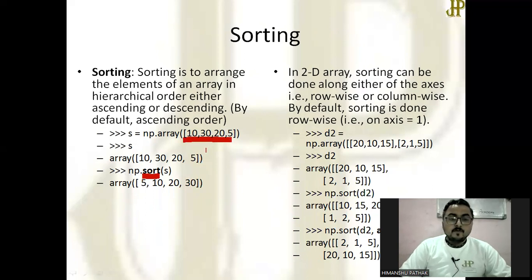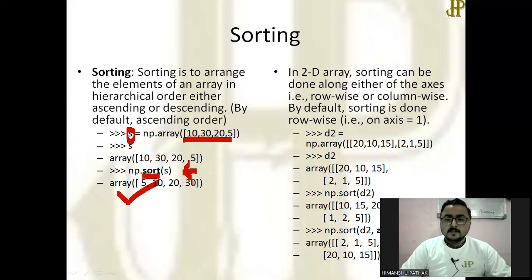Now I performed np.sort and supplied this array as an argument. So here you can see 5, 10, 20, 30. Now data is sorted, and you can see that by default data is sorted in ascending order.